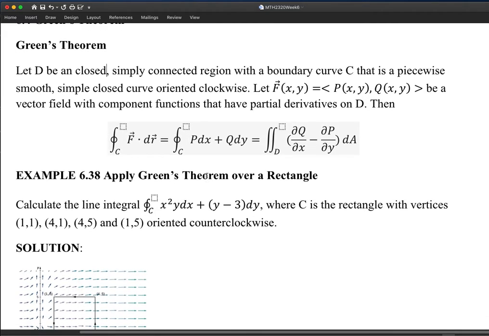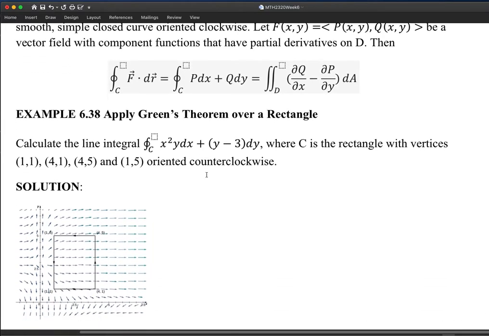Let's take a quick look at how Green's theorem would work. Suppose we want to calculate the line integral of this thing, and C is a rectangle moving from (1,1) to (4,1), then up to (4,5), then back to (1,5), then downward. Indeed, it is in the counterclockwise direction.